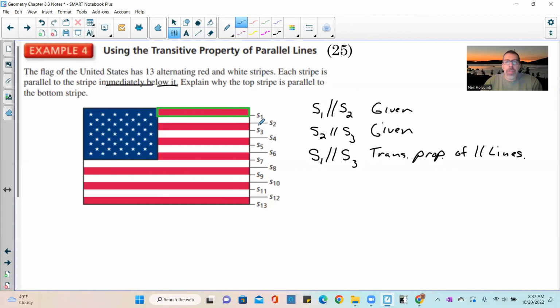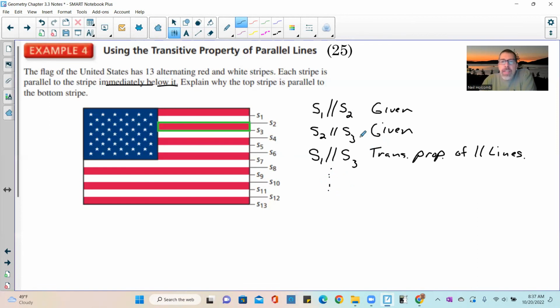Okay, so I have now shown that we were given 1 was parallel to 2, and we were given 2 is parallel to 3. By the transitive property, I can now state that this red stripe is parallel to this red stripe. This fashion will continue all the way down, and this would take a really long time to write out.